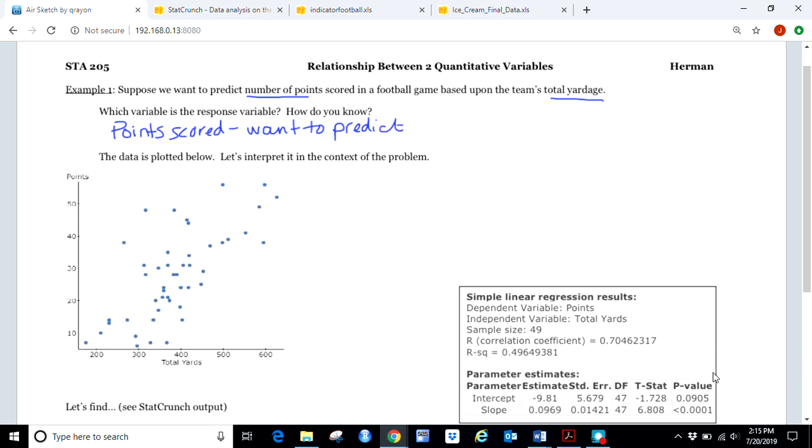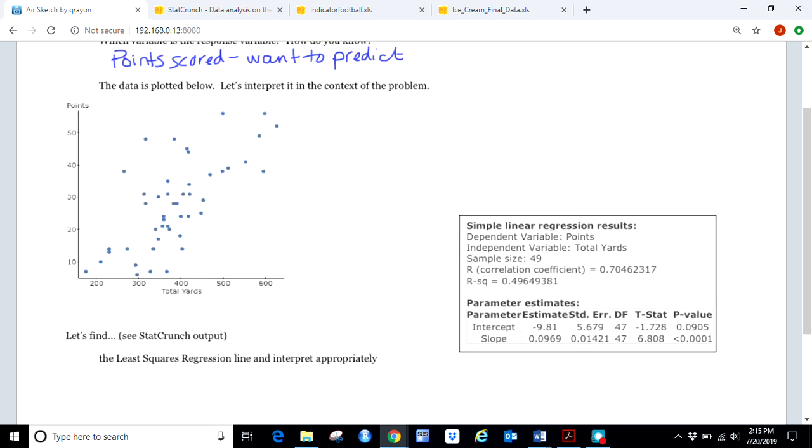Now let's go ahead and look at the scatter plot we created here. So yards is our x variable, points was our y variable, and we're going to interpret this in the context of the problem. Right, so the relationship between total yards and points scored.